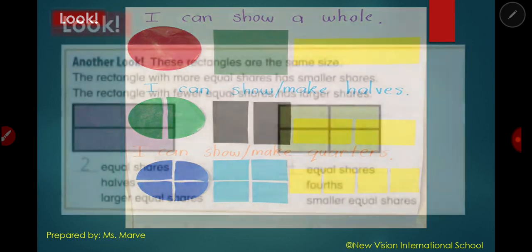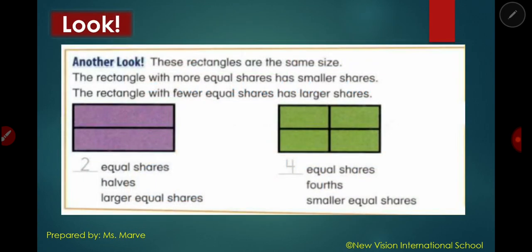Understood? Very good. Okay. Now here, these rectangles are the same size. The first example and the second example of rectangles are actually the same size. Now, the rectangle with more equal shares has smaller shares, but the rectangle with fewer equal shares has larger shares.